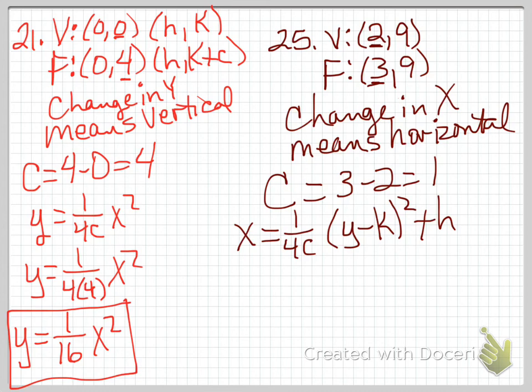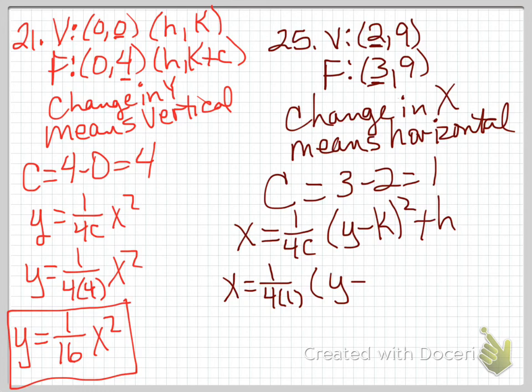Okay, so we have a focal length of 1. So we're going to plug 1 in. So we have x is equal to 1 over 4 times 1 times y minus my k in my vertex.